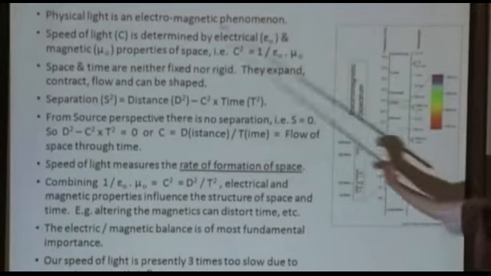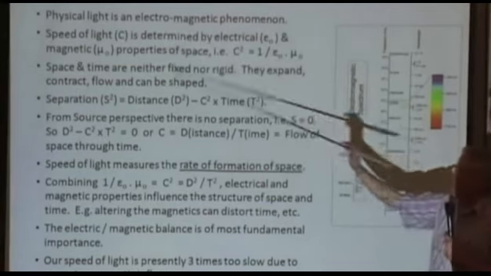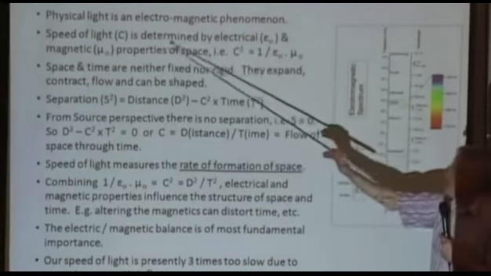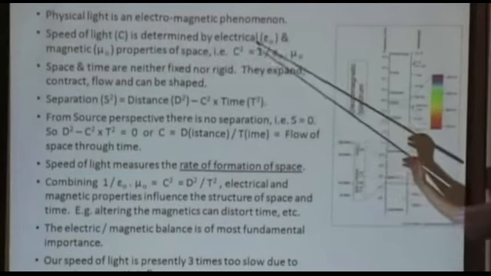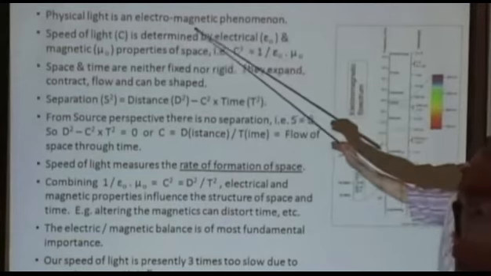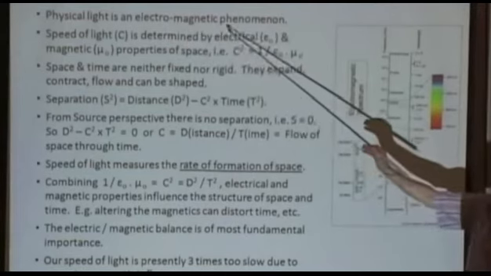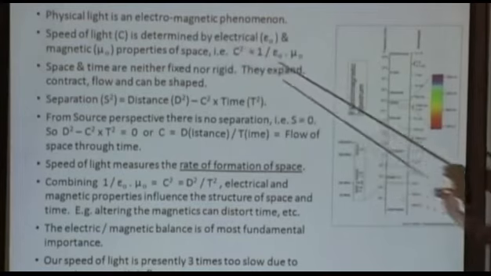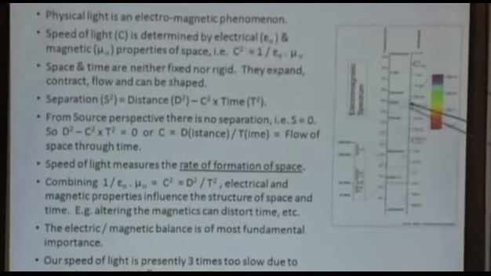Now, if we look at physical light, ordinary physical light that we see with our eyes, that in fact is an electromagnetic phenomenon. It's an electromagnetic oscillation. It corresponds to an oscillation between electrical and magnetic component elements operating at a certain frequency.